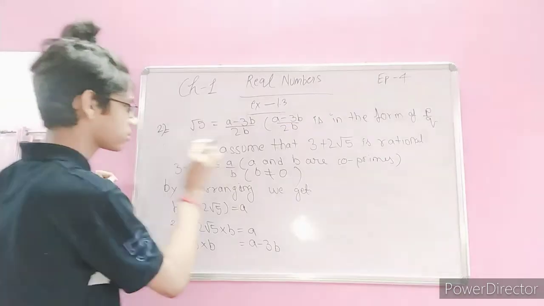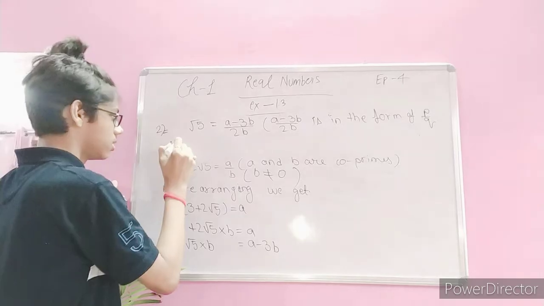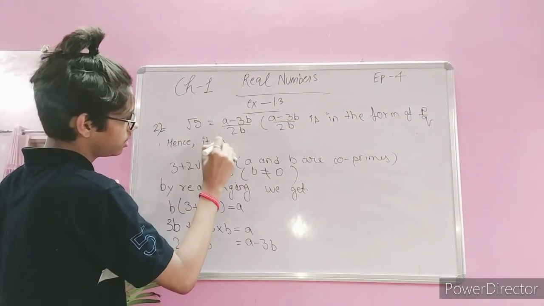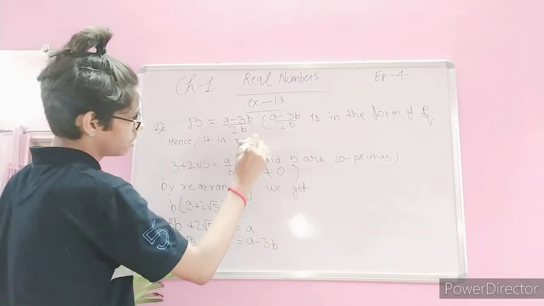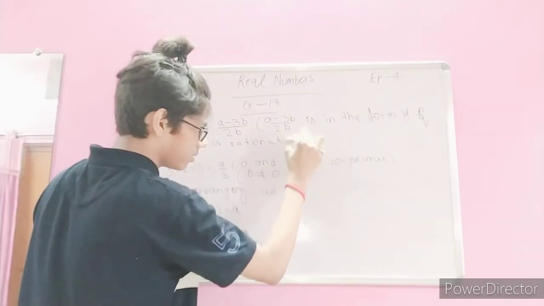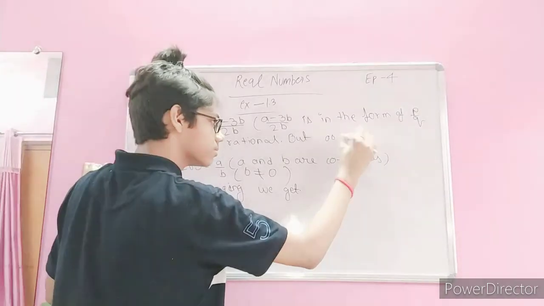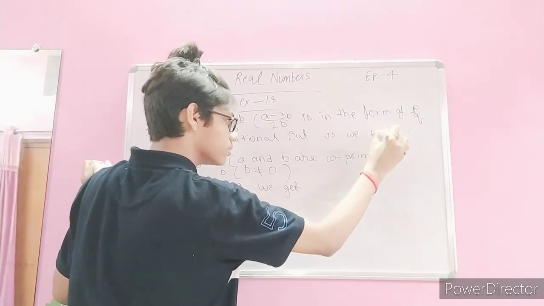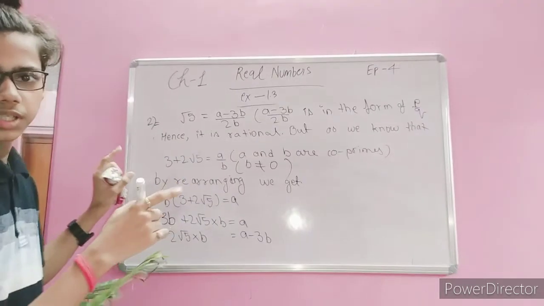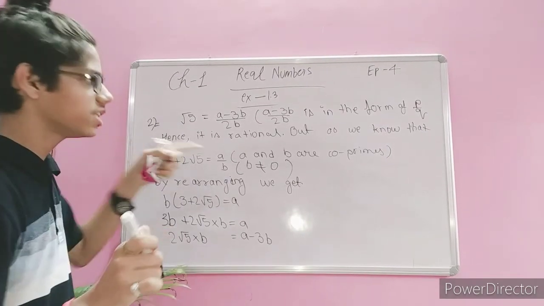Okay, hence it is rational. But as we know that in the first question there is given prove that root 5 is irrational. So it is irrational, we know.